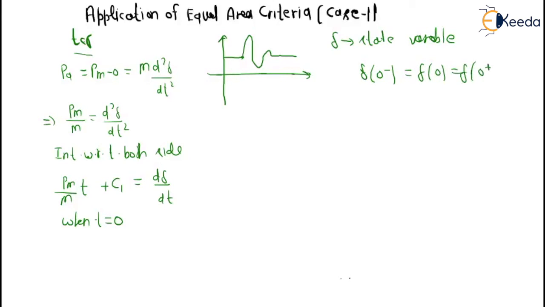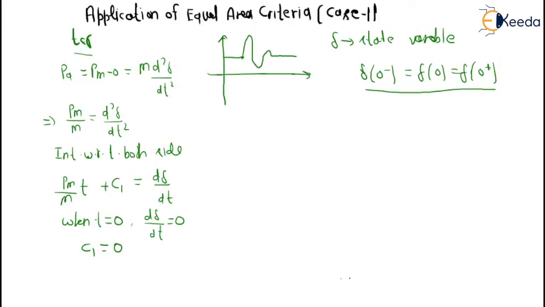We have studied this in network theory. So when t is equal to 0, d del by dt will also be equal to 0. So from here we can calculate that the C1 value is equal to 0.